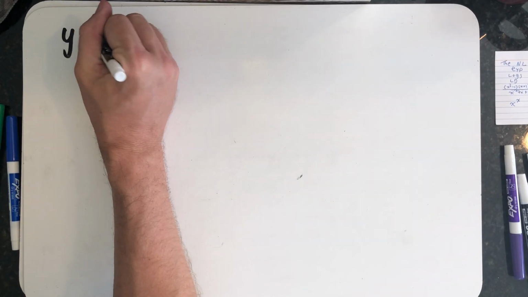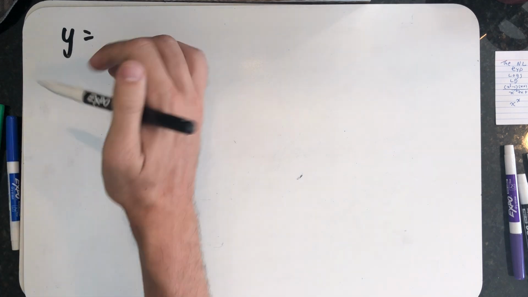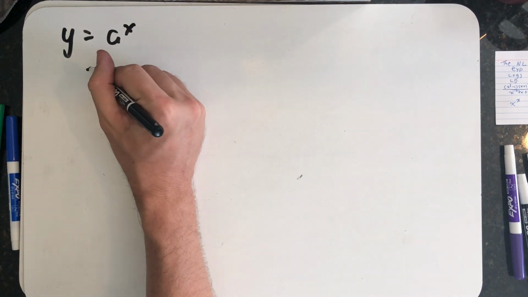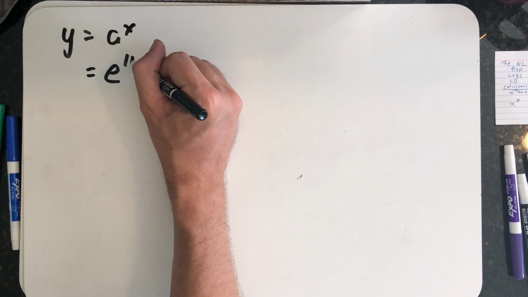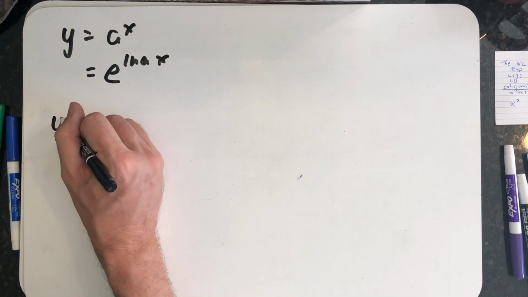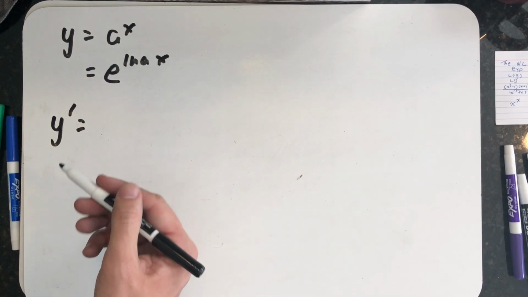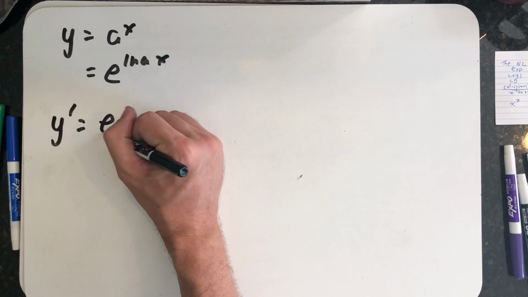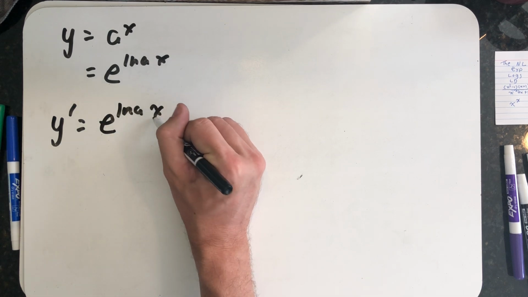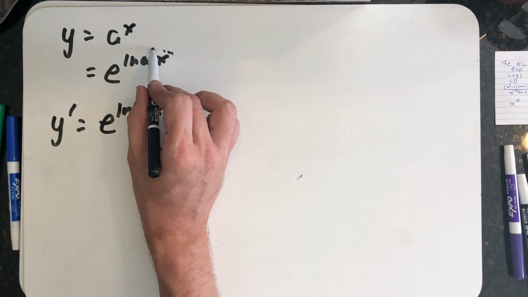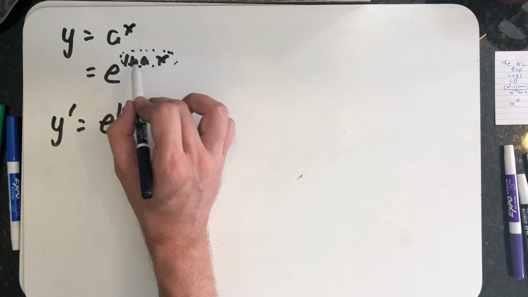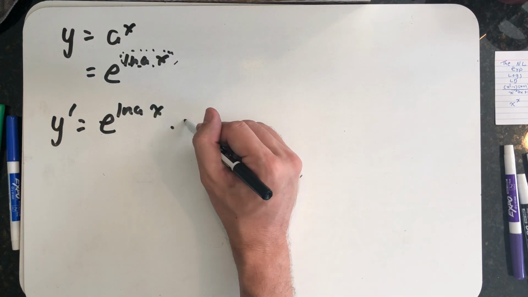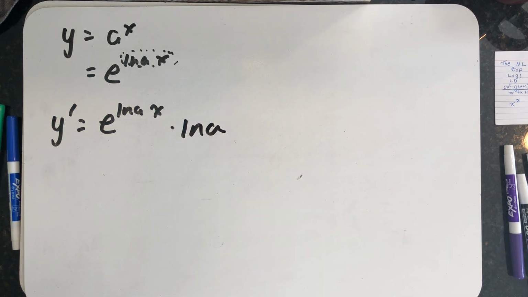So y equals a to the x is equal to e raised to the natural log of a times x, and y prime. All right, the derivative of e to the u is e to the u times the derivative of u. Well, looking in the exponent, the natural log of a is a number times x. That's a linear function, so its derivative is its slope.